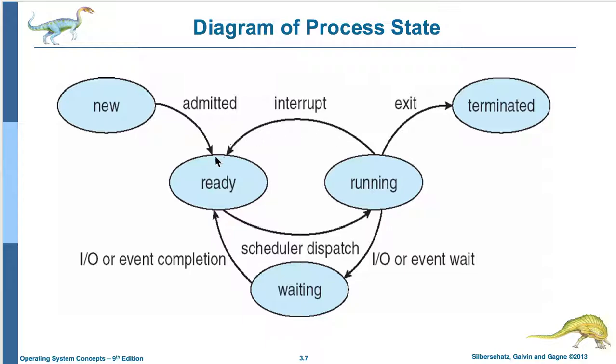It can get interrupted, in which case it goes back to the ready state and once again waits for a processor to pick it up, or it can enter the I/O event wait state, where it is waiting for input-output, and once input-output comes through, it transitions back to the ready state and gets reassigned to a processor. Finally, once the code has completed running, as long as there's an exit call, the process gets terminated.